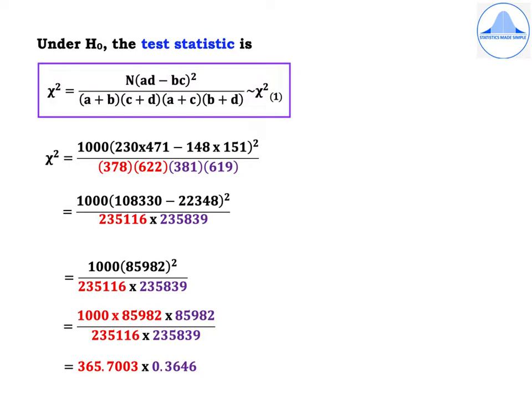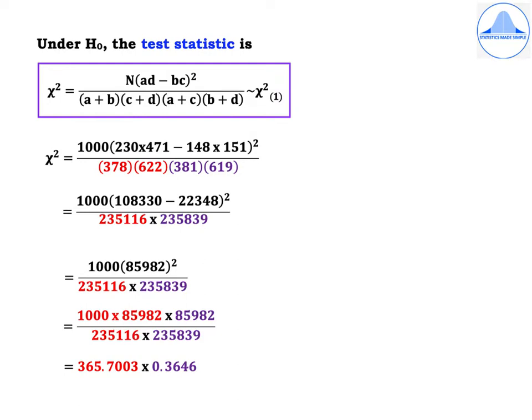Substituting the values, we get chi-square equal to 1000 into 230 into 471 minus 148 into 151 the whole square, divided by the product of the totals, that is 378 into 622 into 381 into 619.